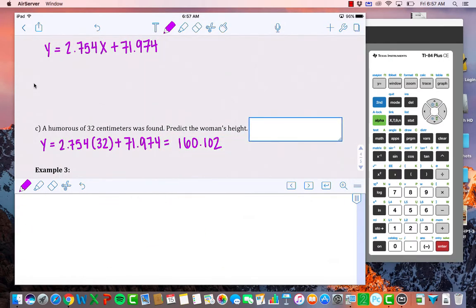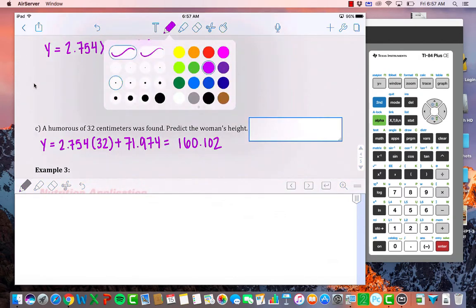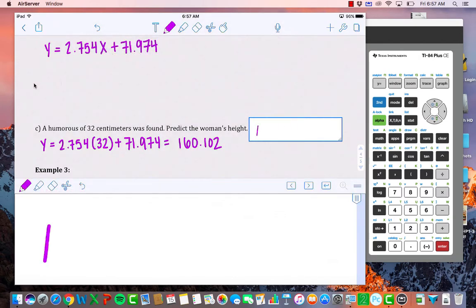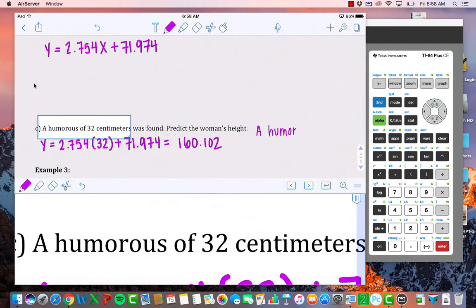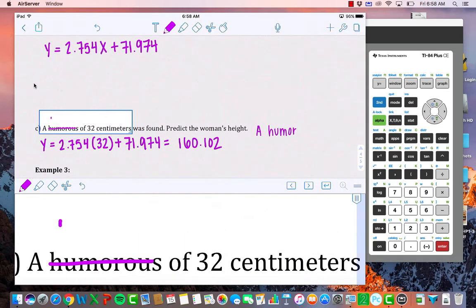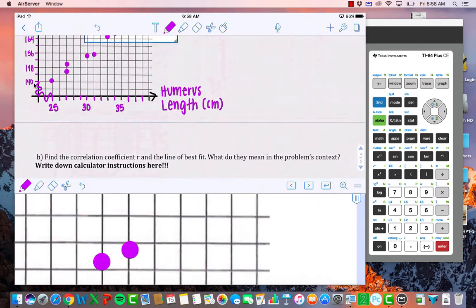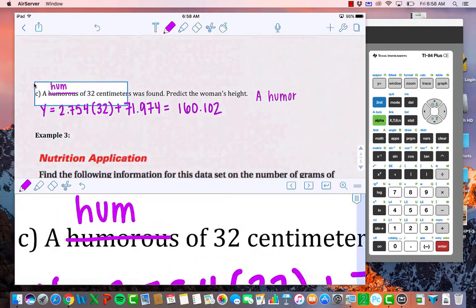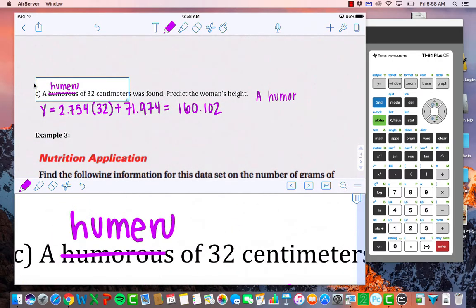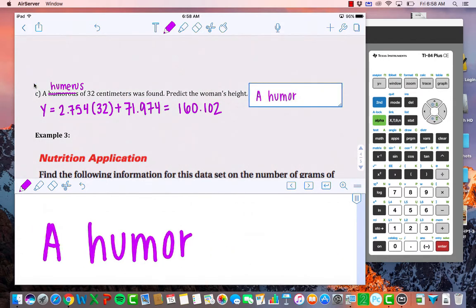So we can say that a humerus, except that is the wrong way to spell it, because it's not humorous as in funny, it's humerus as in the bone. Come on, Mr. Ducharme.